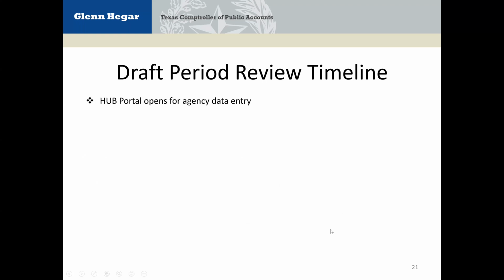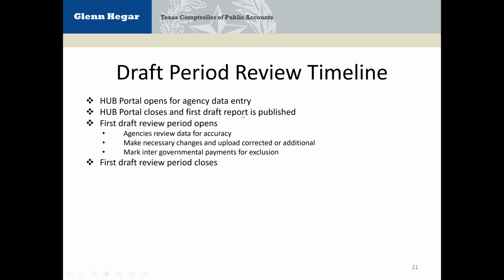Draft period timeline. So we said the portal opens for our initial data entry. It closes on the 15th, and I run the first draft, and we publish it. While that draft period is open, what you need to be doing, agencies, is go in and review your data for accuracy, make necessary changes and upload corrections or additions, and mark intergovernmental payments for exclusions.